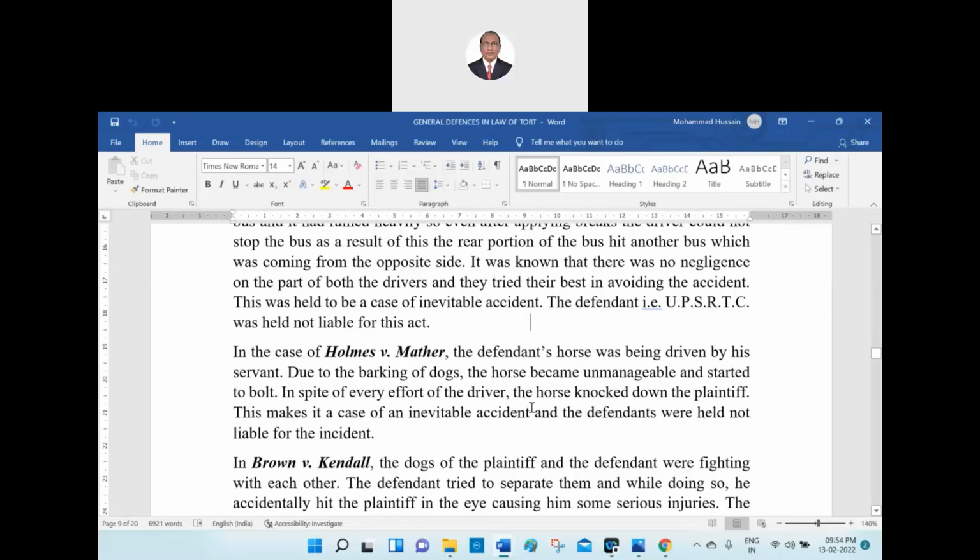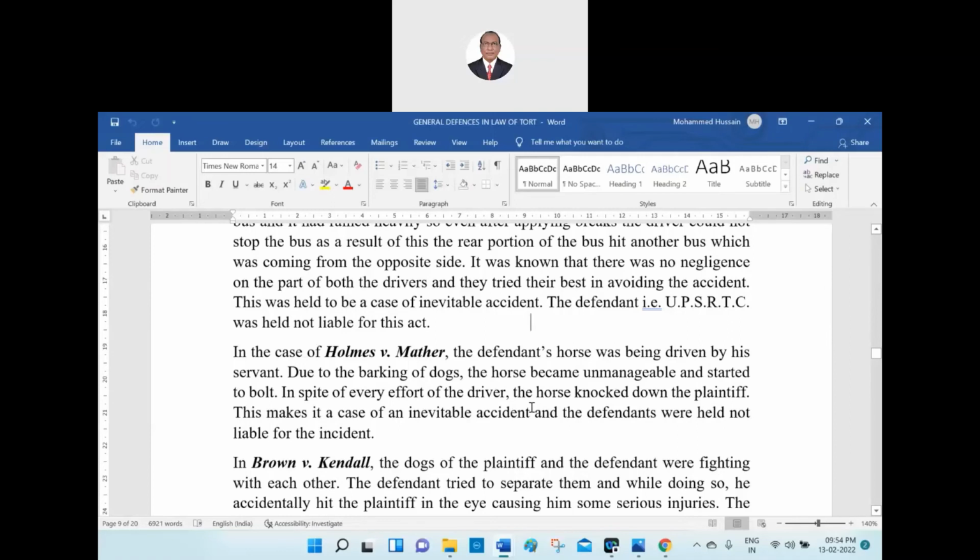Okay, next, what happened? The dog was barking, so the horse was startled. The horse became frightened and unmanageable and started to bolt.